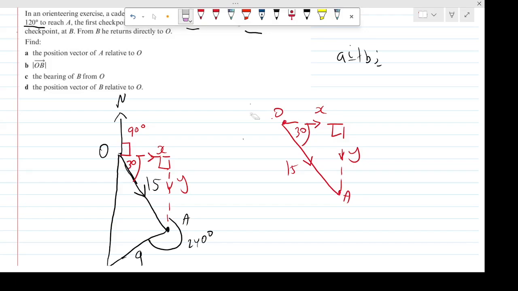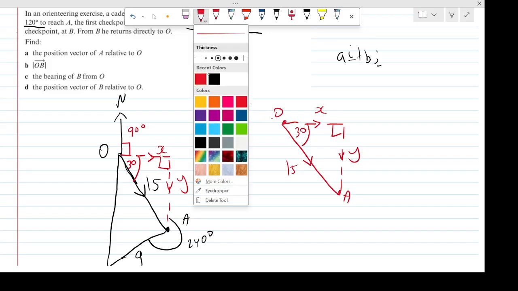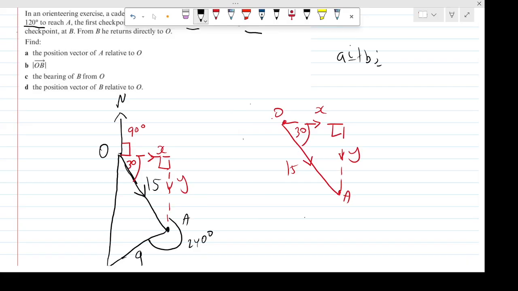If we were to proceed with that, firstly, the angle 30 is opposite y, so it's going to be sine. So sine of 30 is going to equal the opposite, which is y, over the hypotenuse, which is 15. So therefore, y is going to be 15 sin 30. If I do that, I get y to be 15 over 2.